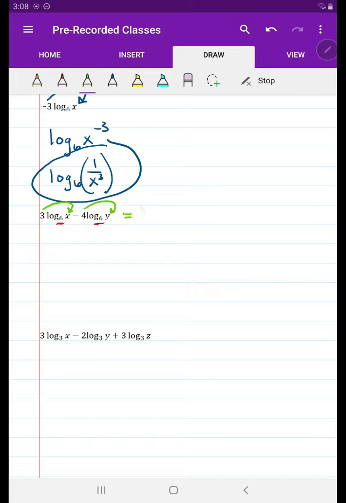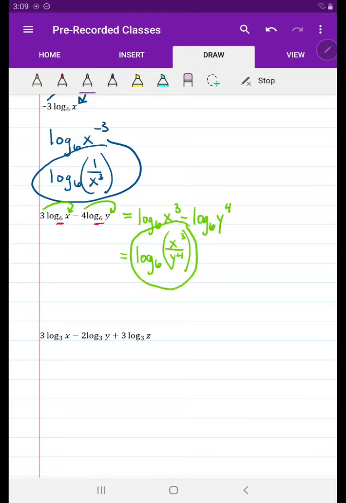So my first step will be to rewrite this as log base 6 of x cubed minus log base 6 of y to the 4th. And now I have subtraction between the two, so that means I can combine these using division. So then I'll rewrite this as log base 6 of x cubed over y to the 4th, right? And so that's my answer, and I'm all done.